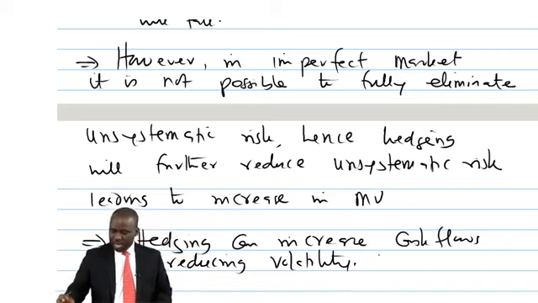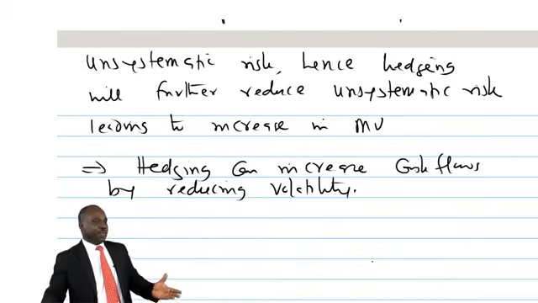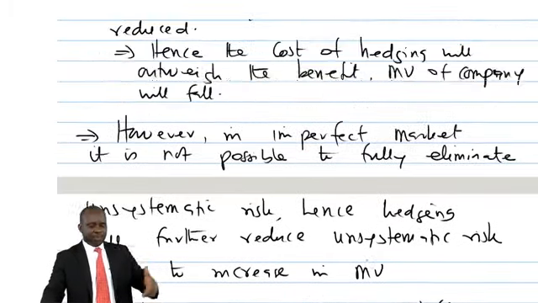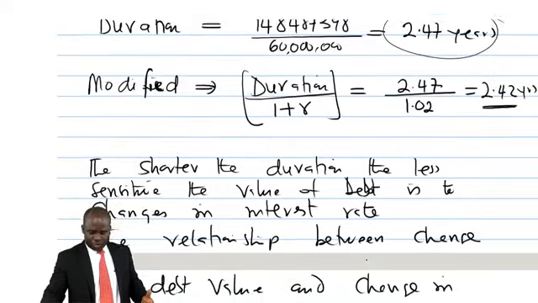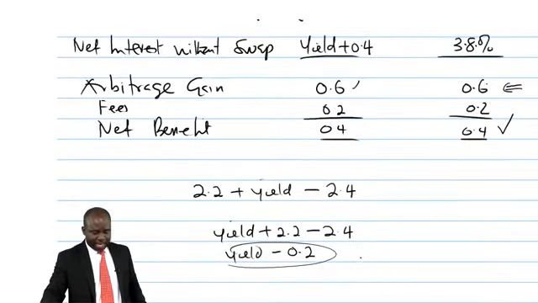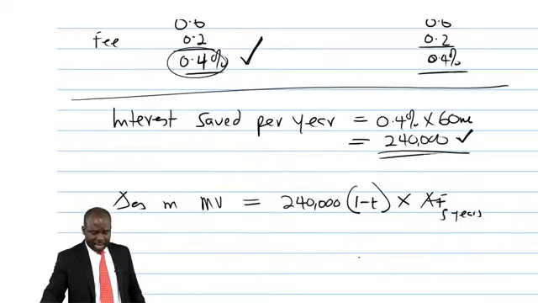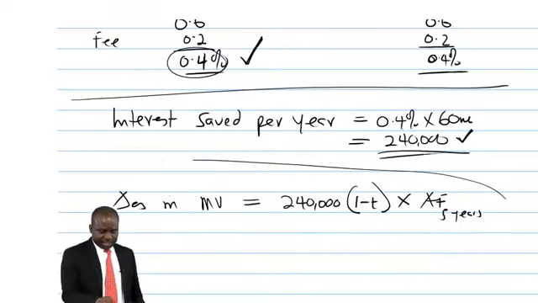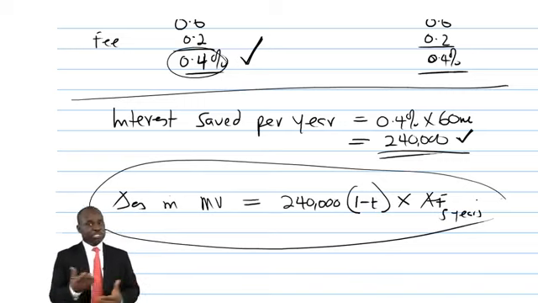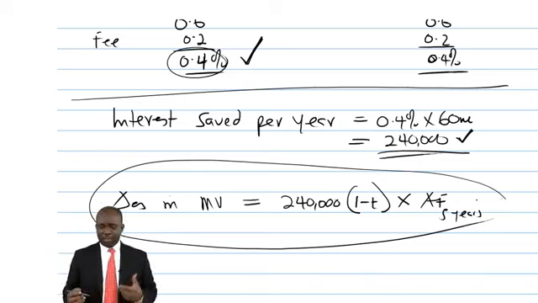Okay, and because cash flow increases, market value will also increase, because it's the present value of the future cash flows. An example is what we looked at when we were doing the swap. I told you that the market value might increase by the PV of this. This is the market value. So as a result of hedging, you can use this even to support your calculation, your discussion.